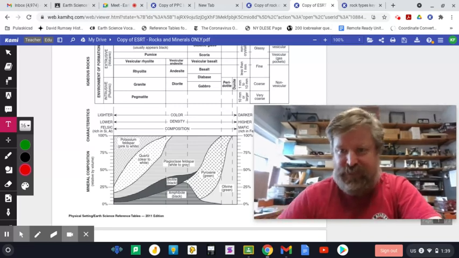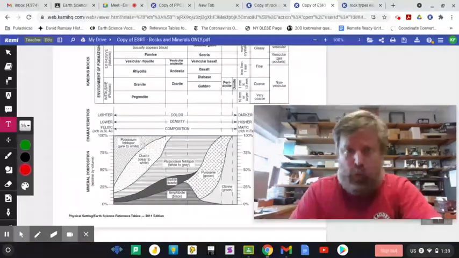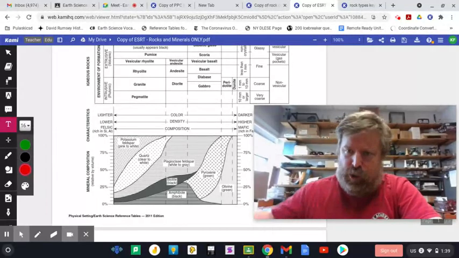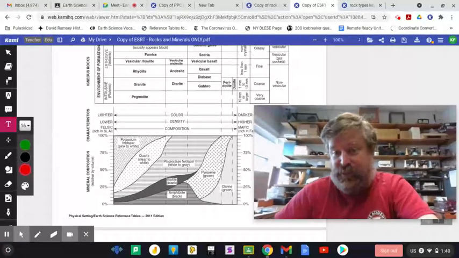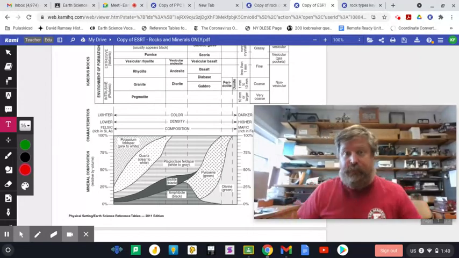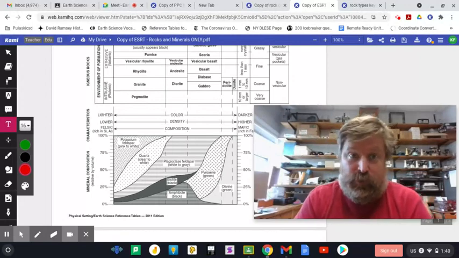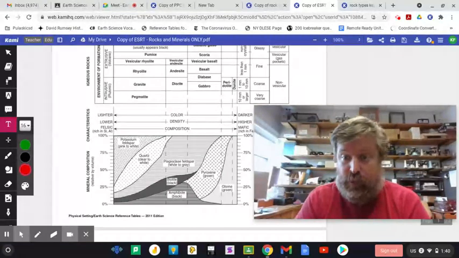If you're one of the people that just fast forwards through videos and grabs the highlights, it's going to be a little harder. If you take your time and work your way through these videos and see how to use each one of these, this should be no problem, 100s on the test. This is generally the easiest test of the whole year here in Earth Science, because really all the information is sitting there. All we've got to do is learn the basics of how these things work, and you're going to be set.